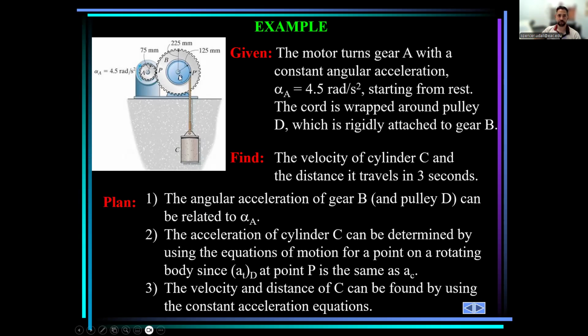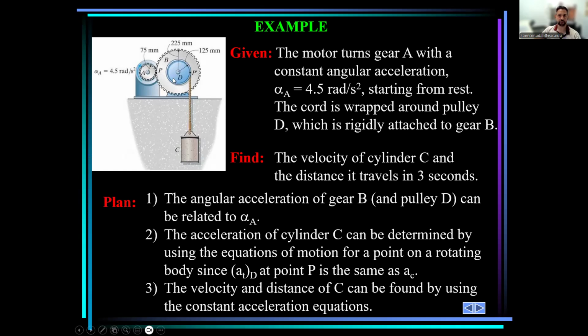Now, between B and D, this pulley, do they have the same linear anything? No, right? If you look at the outside point of this gear, it's going to have a different s, v, and a than the outside of pulley D here at P prime, for example, right? And that's going to be the speed at which it pulls the cord in.